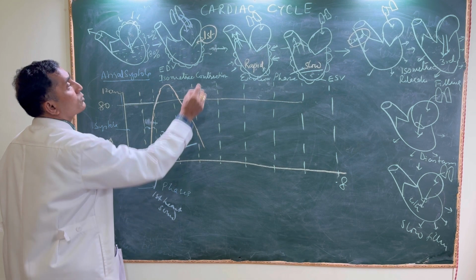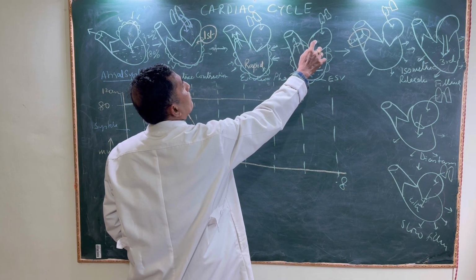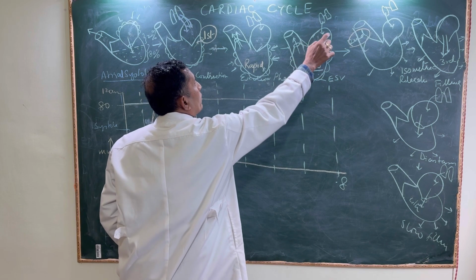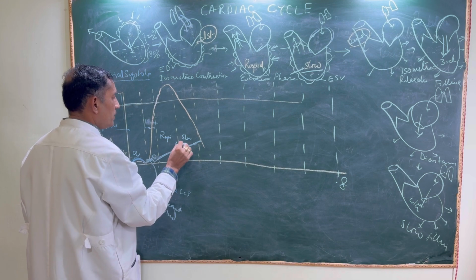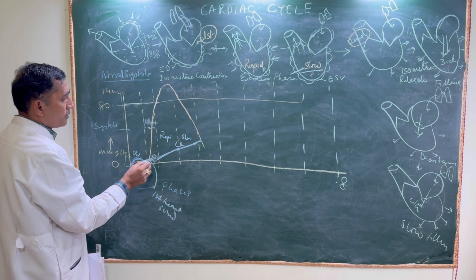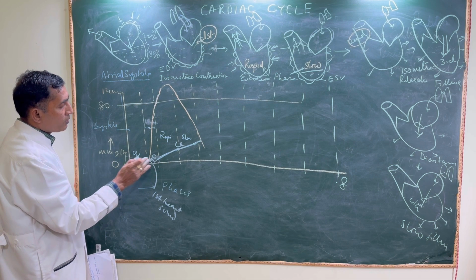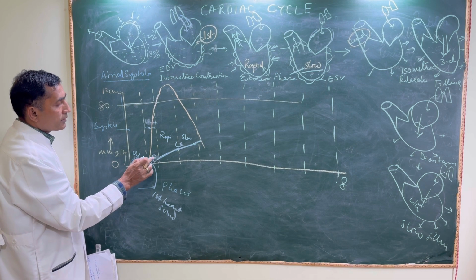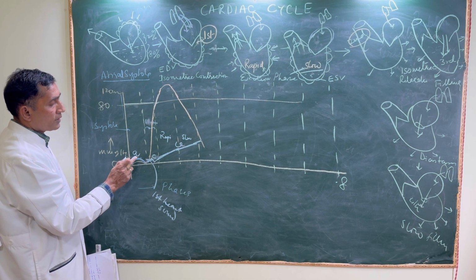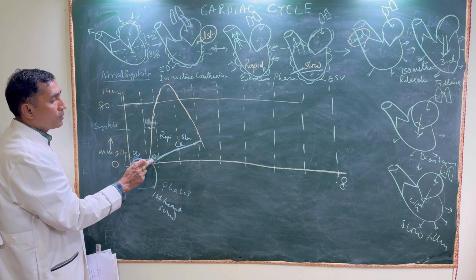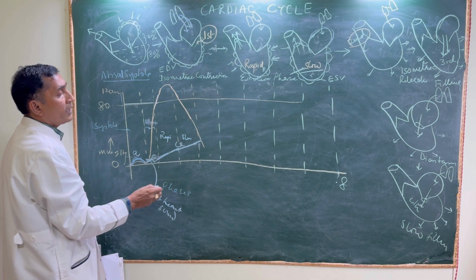If we look at the left atrium, the volume is increasing here. So this is the V wave. In the atrial pressure curve, we have three components: A, C and V. A stands for atrial contraction, C stands for closing of the valve, and V is the volume of the atria.